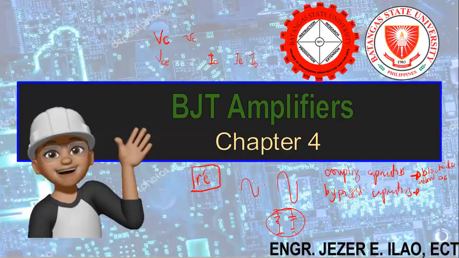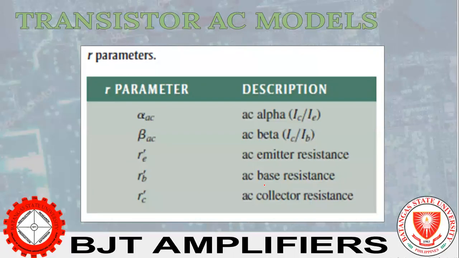Okay? So, punta tayo sa mga transistors AC models natin, ilan sa mga r parameters natin. Kung meron tayo sa DC na alpha, beta, meron din tayo dito. Same lang siya: IC over IE, IC over IB. But ito ay mga AC quantities ang ating kukuhanin.